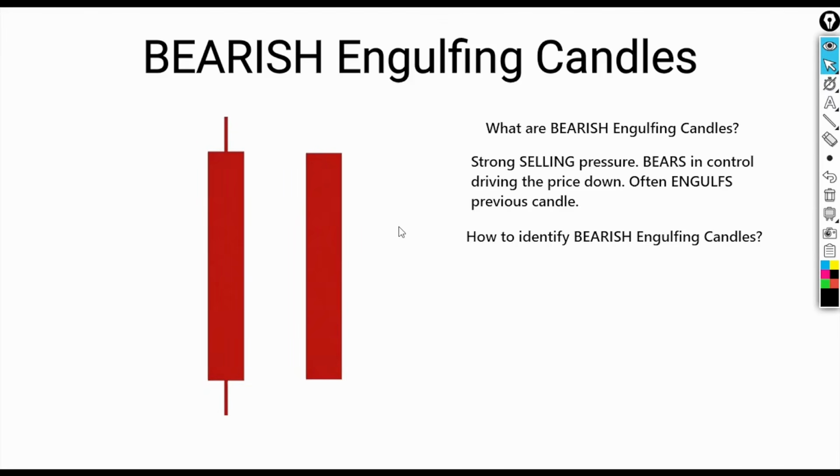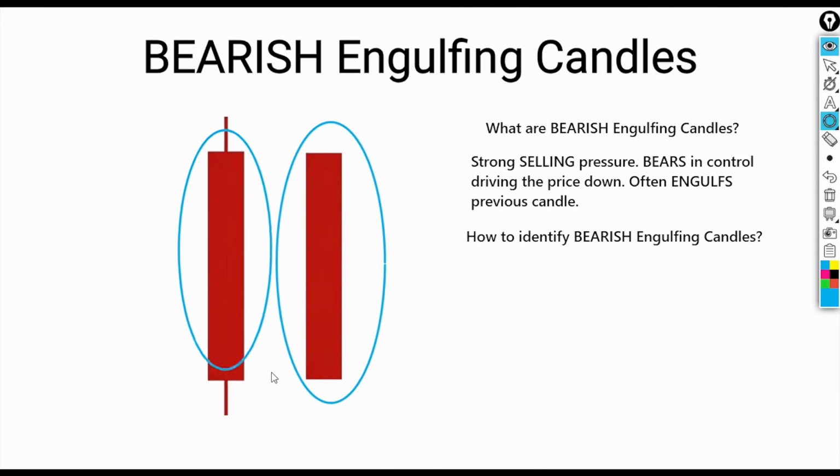Now, when we see the word bearish, we automatically think red, down, because a bearish engulfing candle is always red. So, if you look to the left, these two candles are prime examples of bearish engulfing candles, because if you look closely, both these candles have some stuff in common. Straight off the bat, we can tell that both these candles have long bodies.